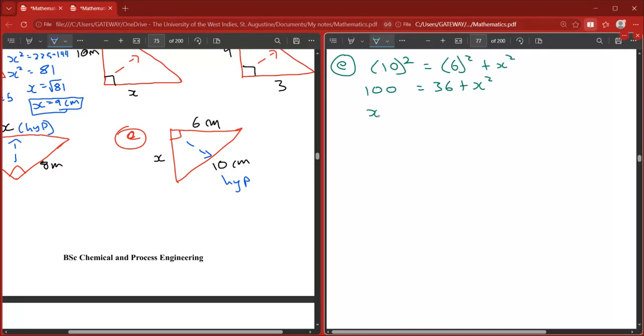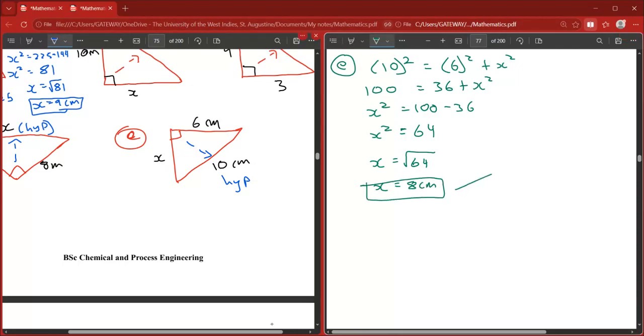So x squared will be 100 minus 36, which is basically 64. So x will be the square root of 64. We get whole numbers there. 8 centimeters.